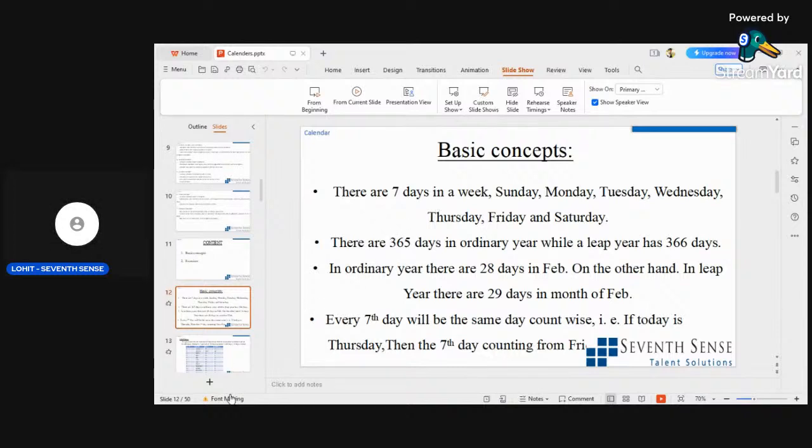In an ordinary year February contains 28 days, and in a leap year February contains 29 days. That is the basic thing. Everyone should know this.